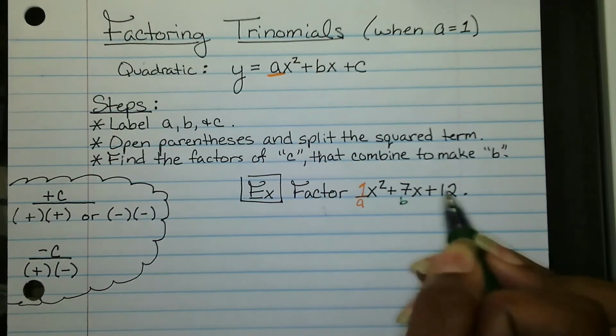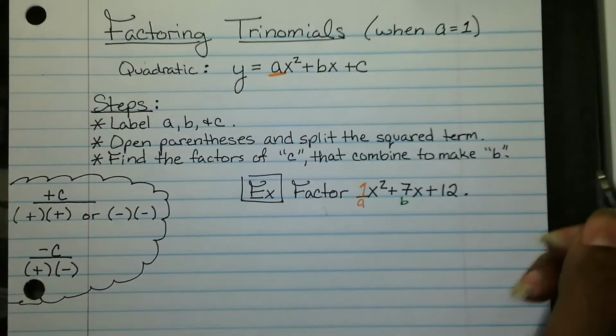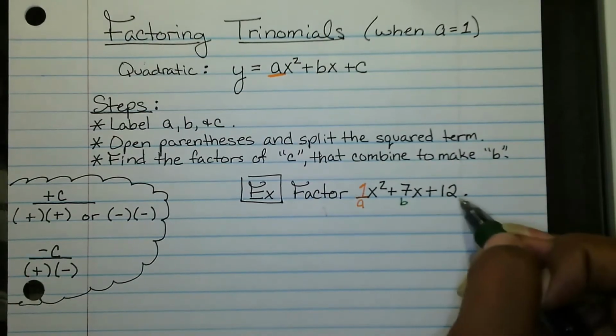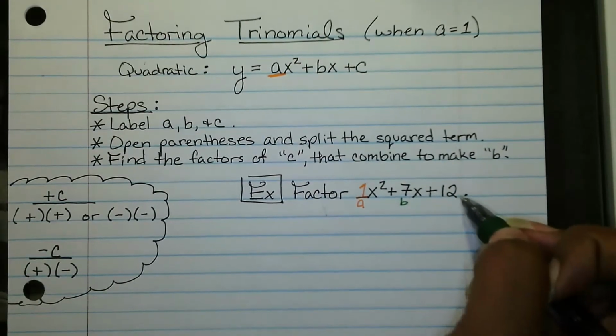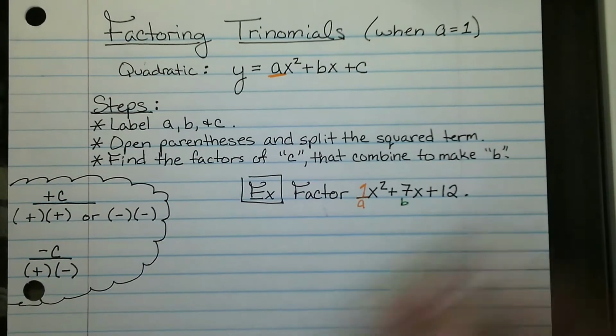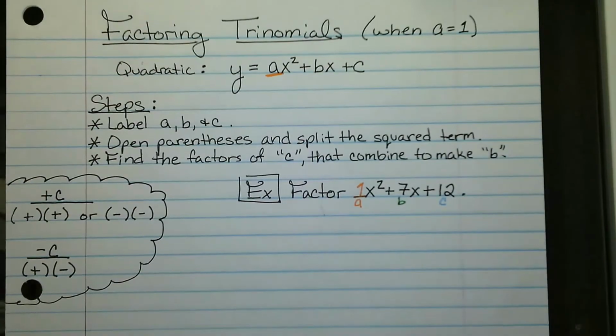So a is 1, b is 7, and then the last one should be your constant. Remember, a constant is a number without a variable, and if you look at our example, the 12 is at the end and it does not have a variable, so that should be our constant. So that is our c.